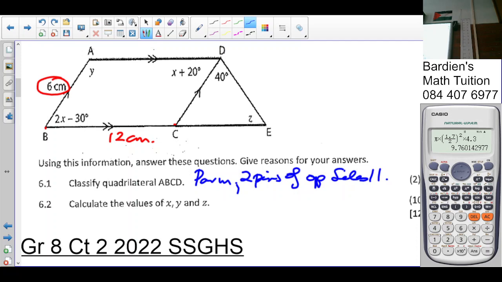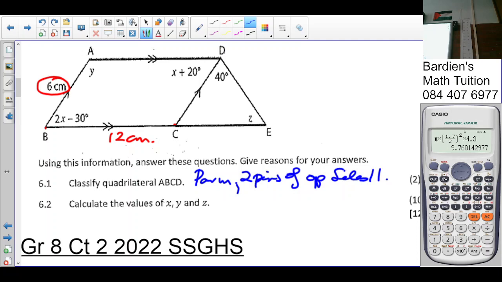The least it can be is a parallelogram. You guys understand? Now some of you said two pairs of opposite angles are equal. Where do you see opposite angles that are equal here? There's no opposite angles equal at this point. Okay? So that is for 2 marks.